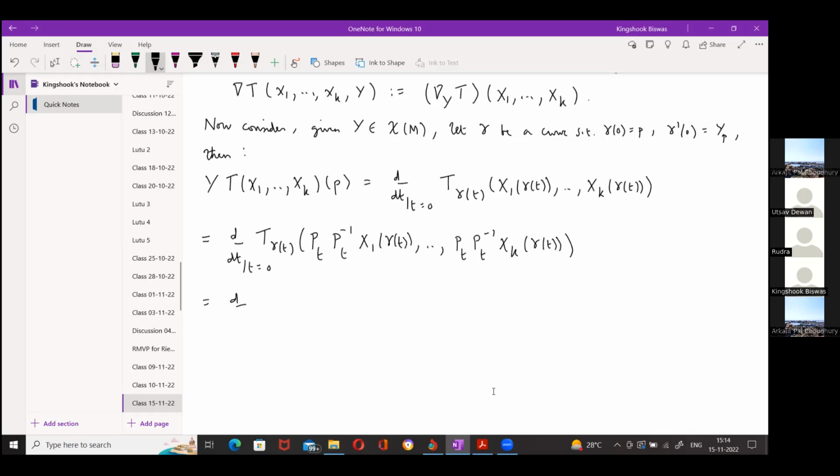So this is by definition P_t star T at gamma(t) acting on P_t inverse x1(gamma(t)) up to P_t inverse xk(gamma(t)). Okay. Right.